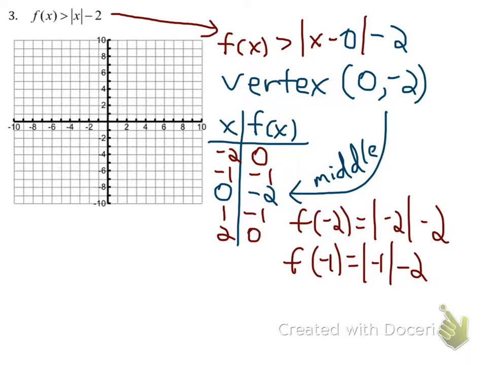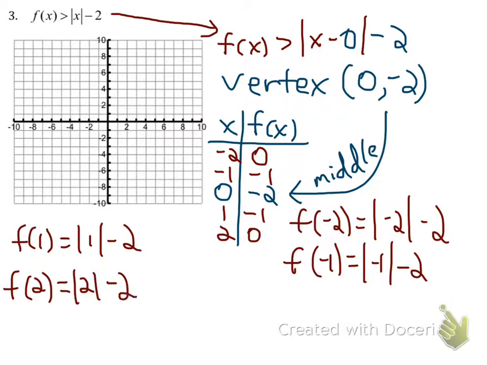If you can't remember that, you can always evaluate. The absolute value of 1 is 1, 1 minus 2 is negative 1, and finally the absolute value of 2 is 2, and 2 minus 2 is 0. So if you don't remember that shortcut, that the axis of symmetry is like a line of reflection and the f of x values will repeat, you can just evaluate them like I showed you there.